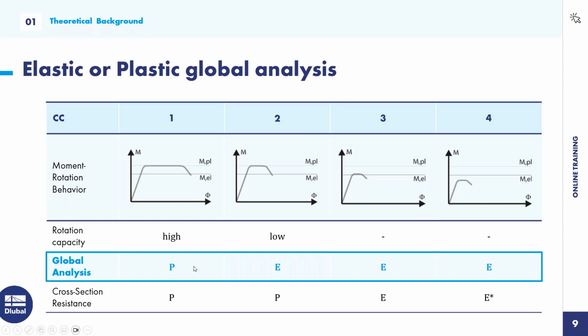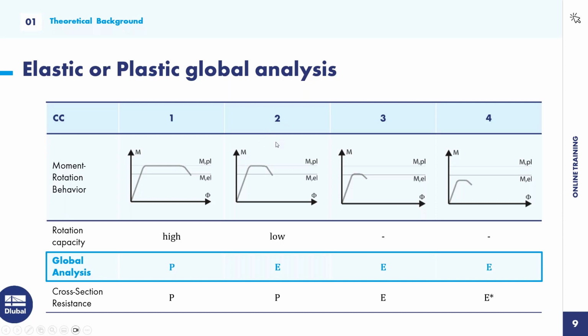It's an economical method, but also somewhat more complex in the calculation when you use the plastic global analysis. But as I said, it's not often used. Just consider the cross-sectional resistance, that this can be applied plastically.